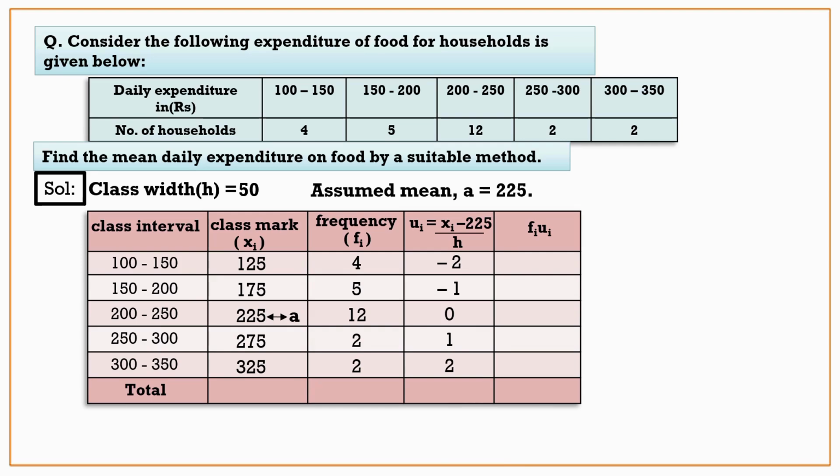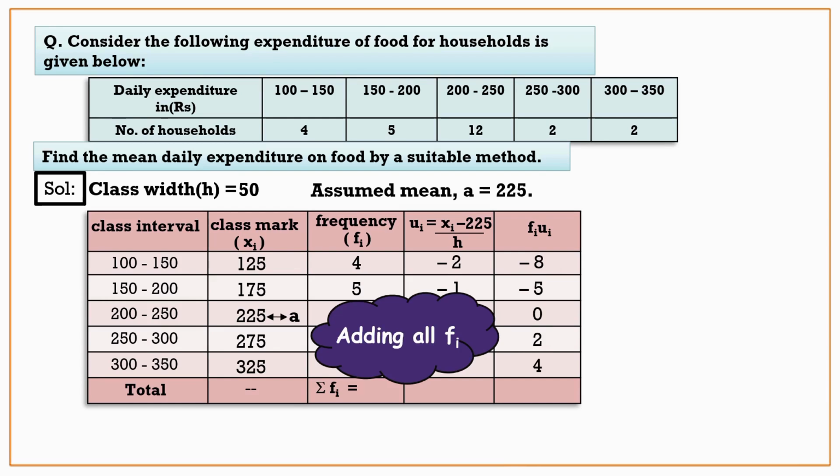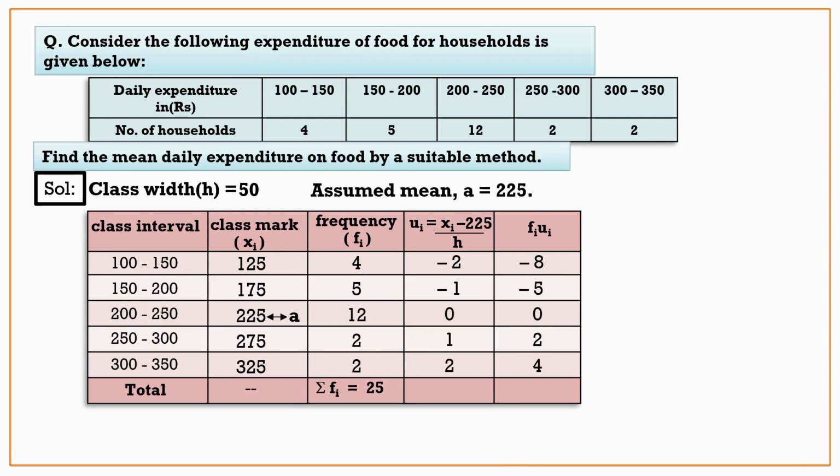Now let's calculate fi ui. So now similarly fill the fi ui values. Then finally we need to do the summation of fi, that is adding all the fi values. We get 25 over here and summation of fi ui, that is minus 7 over here.